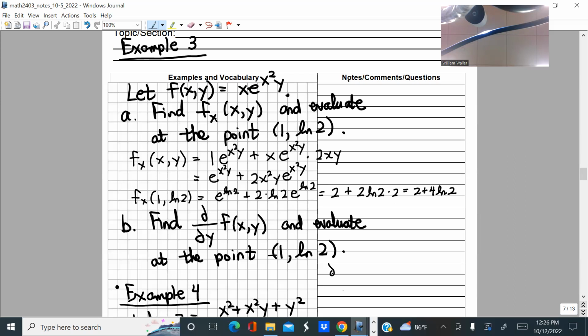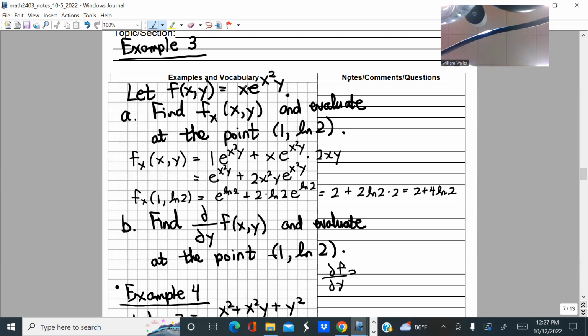So partial f, partial y. I'm not going to write f_xy. Let's just write it. And so what is that? You're thinking of the x as just being a number.